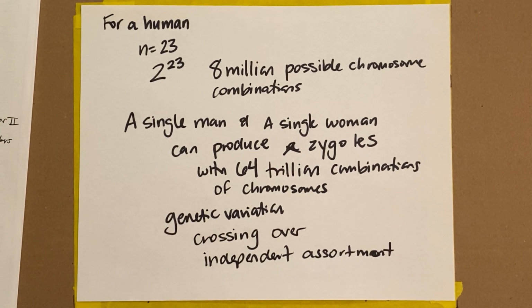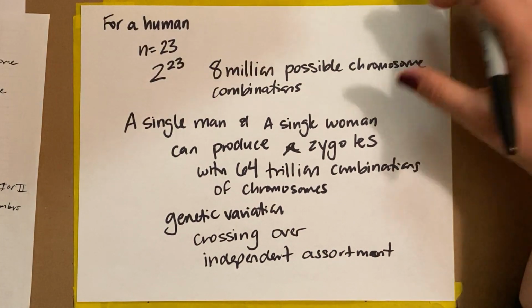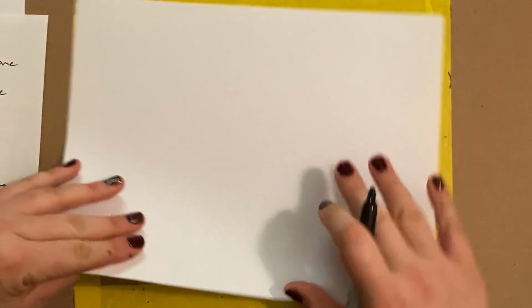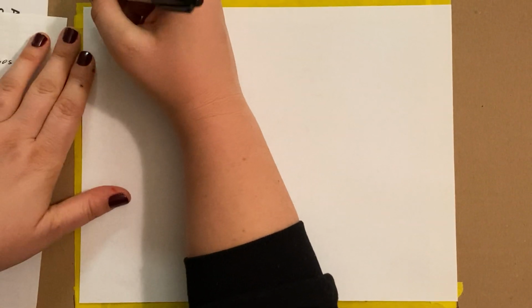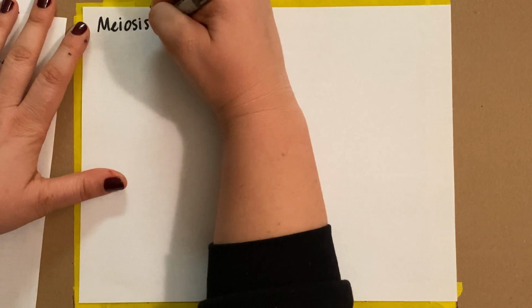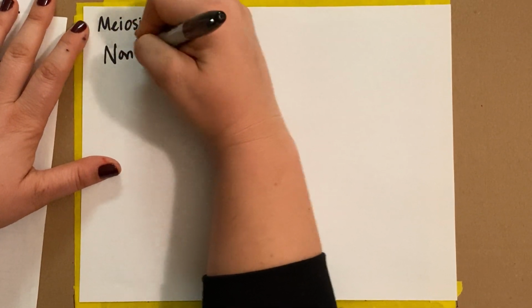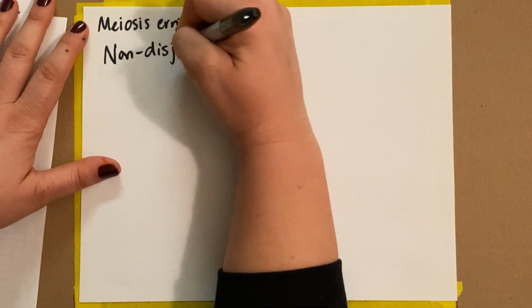All right. To end up, I wanted to talk briefly about, we talked about what goes wrong with mitosis. Well, some things can go wrong with meiosis. Okay, so this is a meiosis error, and this is going to be called non-disjunction.